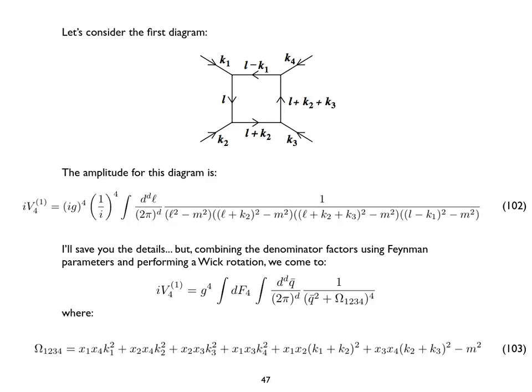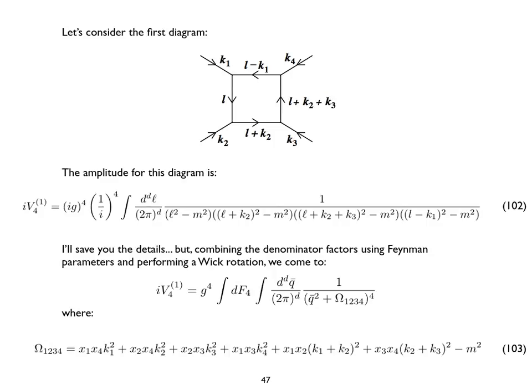So we'll have to introduce 4 Feynman parameters, and that's going to give us something that's q bar squared, and this stuff to the 4th. And this is what omega looks like. I'm not going to go through the calculation, but it's lengthy, to say the least. And remember, you're integrating over these.